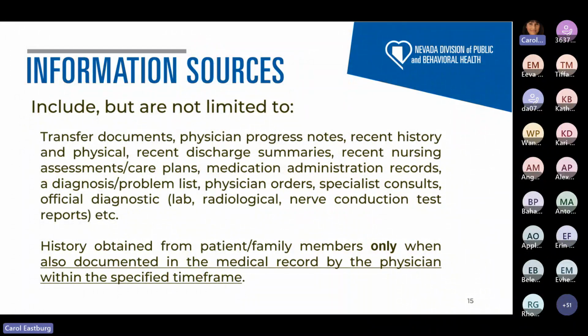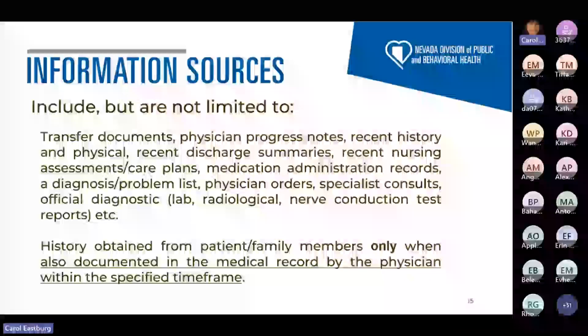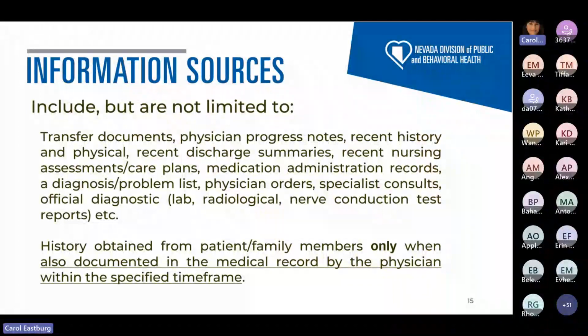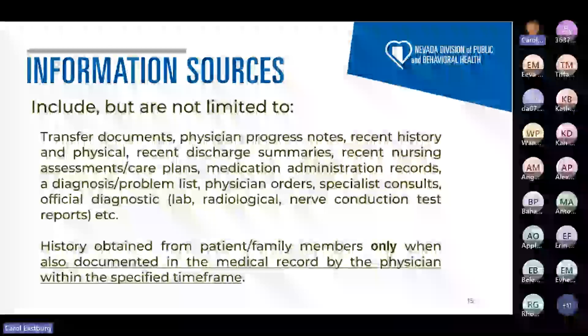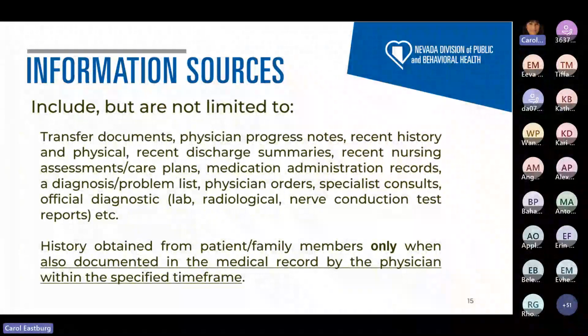Something that might be helpful is to have each discipline on the interdisciplinary team review the medical record specifically for anything related to their field. For example, the respiratory therapist could look for any documentation related to tests or results or treatments or issues with the respiratory system.